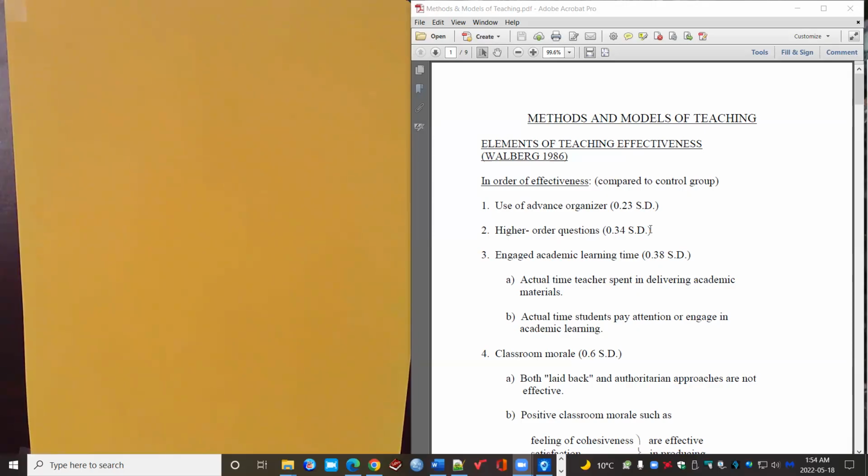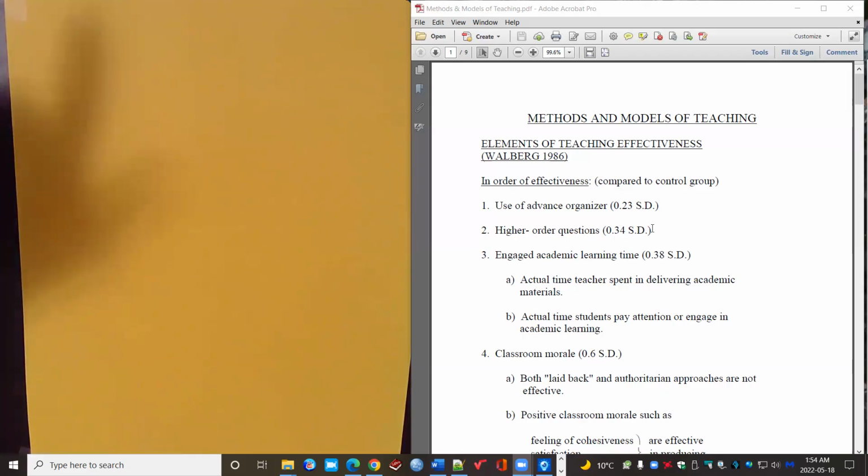All right, the next one here, higher order questions. This is the Q in PQ4R. So the experimental group's achievement score is 0.34 standard deviation better than the control group. All right. So remember PQ4R. That is the second one, the Q, question, right?